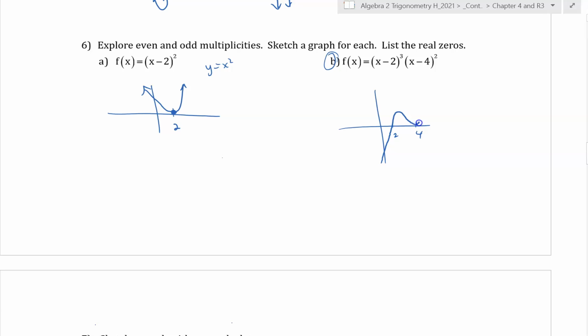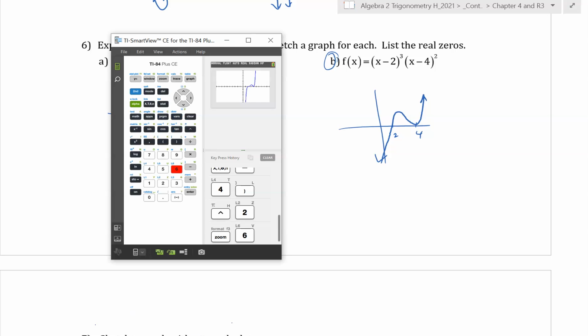But look what happened. At 2, notice it passed, and at 4, notice it bounced. Or we could say it crossed the x-axis at 2, and at 4 it is tangent to the x-axis, or touches the x-axis. But again, I like to say bounce and pass.